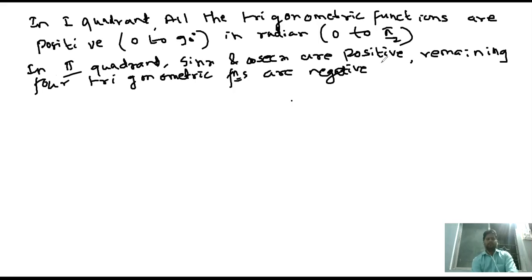Here the angles lie between 90 and 180 degrees, in radians pi by 2 to pi.